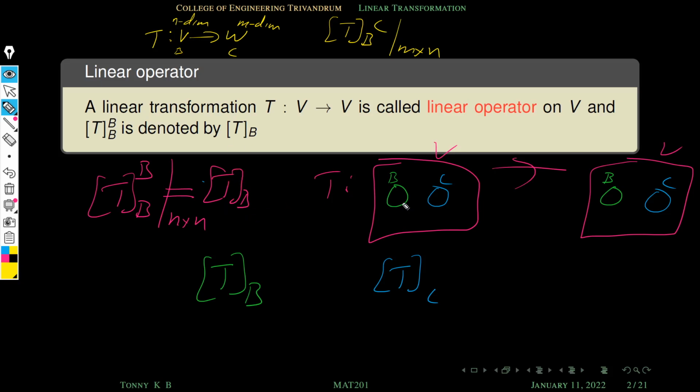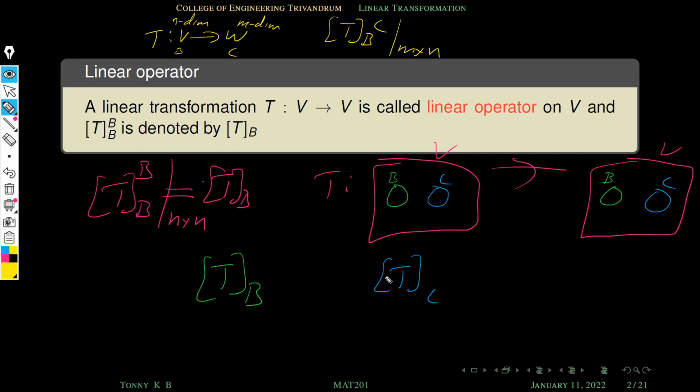Next we consider a linear transformation T from V to V, and we know a vector space has several bases. So we consider two bases, B and C. Now we can find the matrix of T with respect to B, and also the matrix of T with respect to C using this rule.